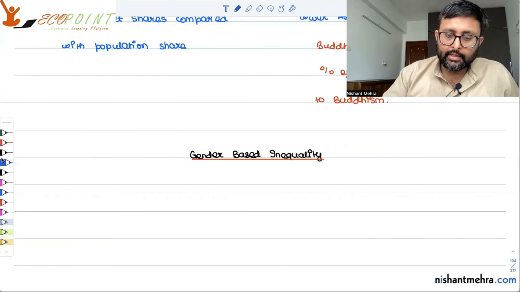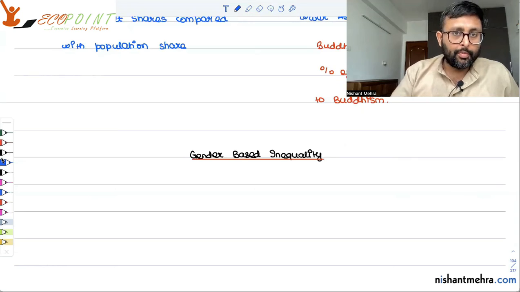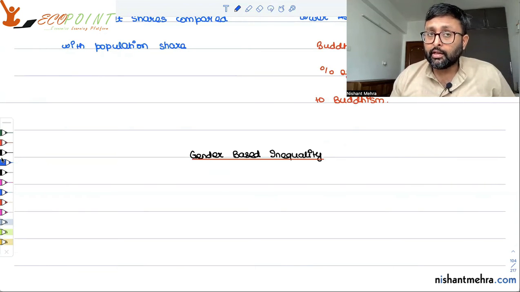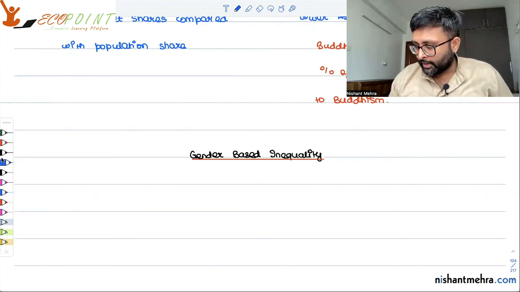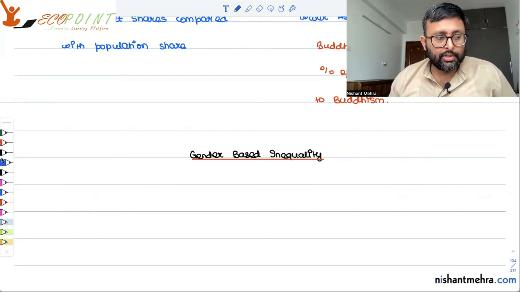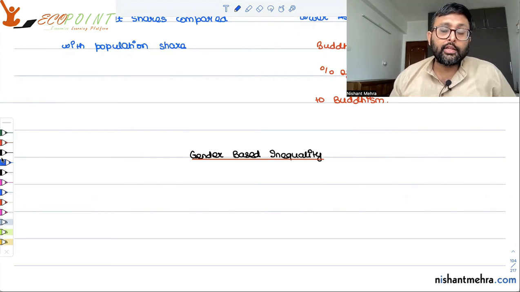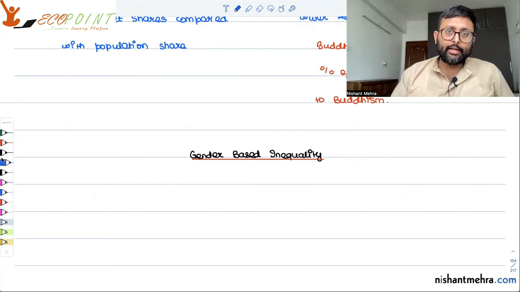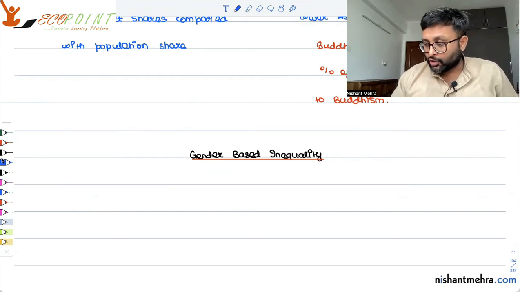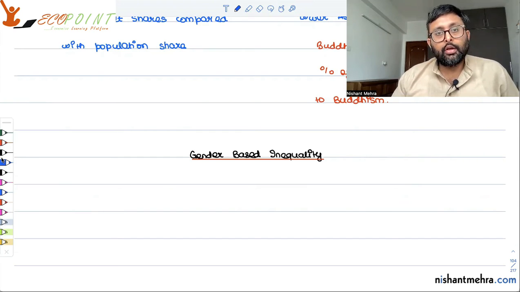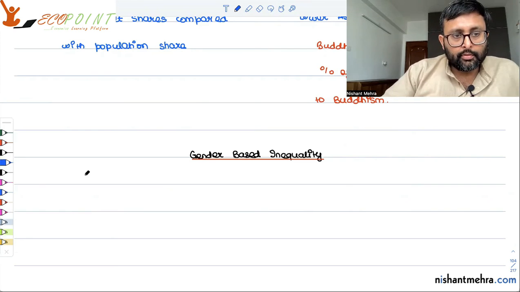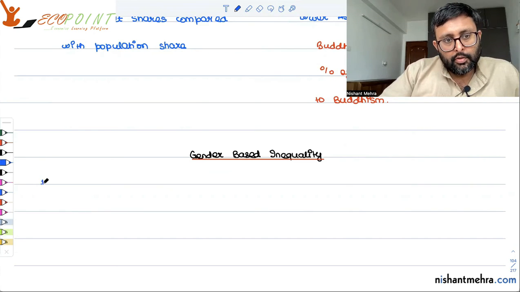So a few things about gender based inequality. One, there is the disadvantaged position of women, particularly in the labor markets, right? On the positive side, he says that the gender gaps, the gender inequality which could have been there in education and nutrition, are reducing over time. So that's a good thing.